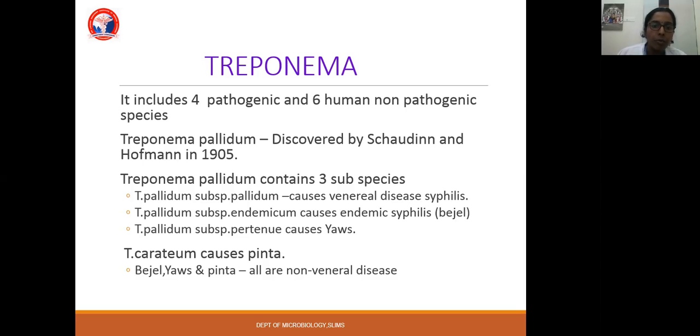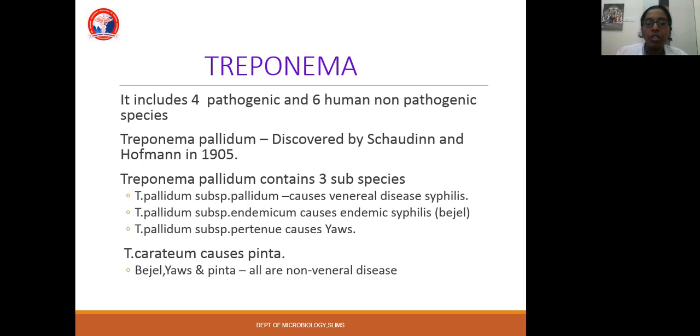Treponema pallidum consists of 3 subspecies: Treponema pallidum subspecies pertenue, which causes yaws; Treponema pallidum subspecies endemicum, which causes endemic syphilis, that is bejel; and Treponema pallidum subspecies pallidum, which causes syphilis.